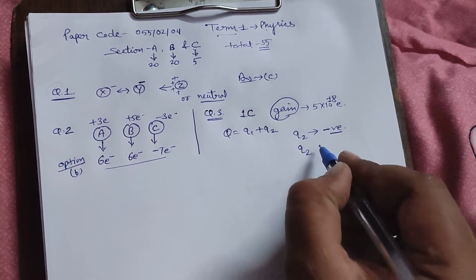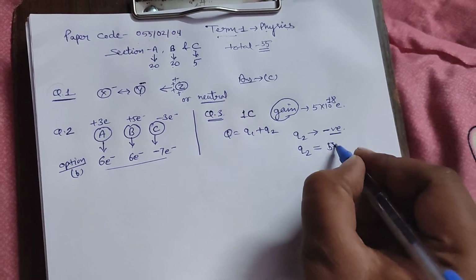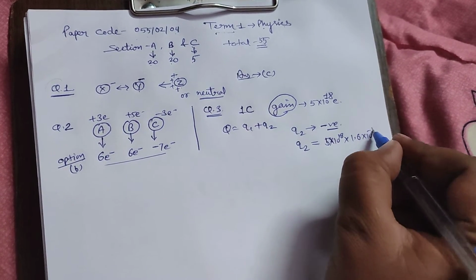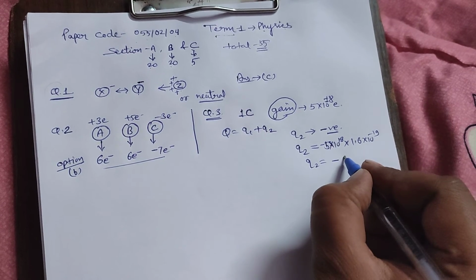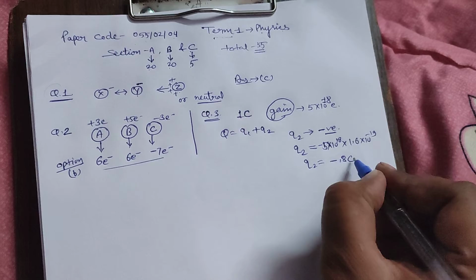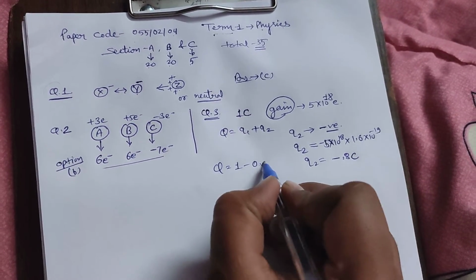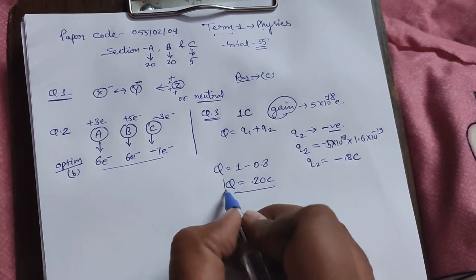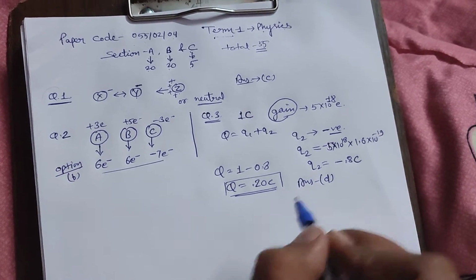So we have to find Q2, that is, the number of electrons times the minimum charge of the electron. So Q2 is equal to minus 0.8 coulomb. So Q is equal to 1 minus 0.8, so Q is equal to 0.20 coulomb. This is the correct answer, and the answer is option D.